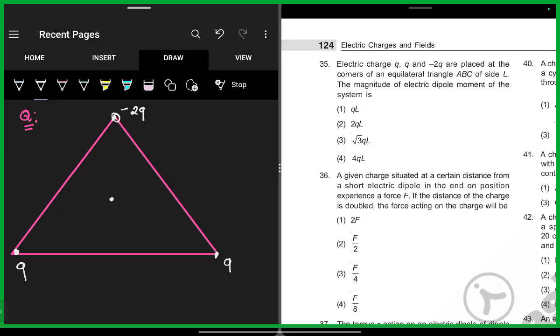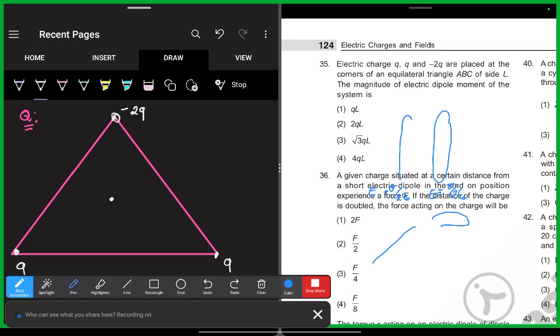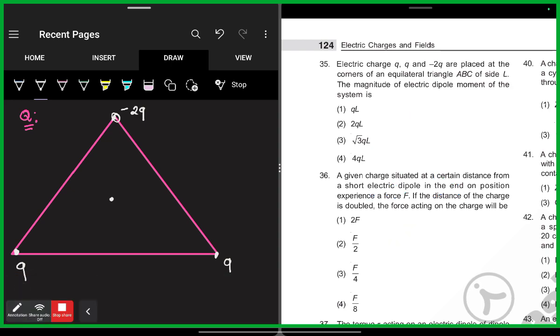So as I told you earlier, the more dangerous the look of a question, the easier the solution. Now if the question looks easier, like in this question, as you can see, it looks easy, right? But that's not the case here, okay? It takes an interesting turn, so let me show you how. Here, as you can see, dipole, you know, right?